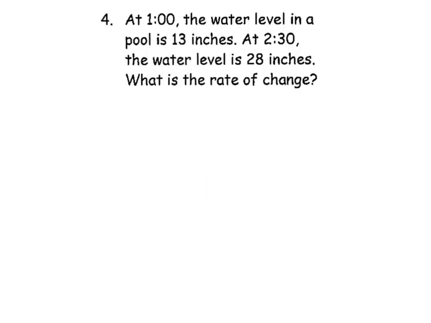At 1 o'clock, the water level in a pool is 13 inches. At 2:30, the water level is 28 inches. What is the rate of change? Okay, so let's make an XY table again. What's an X value?